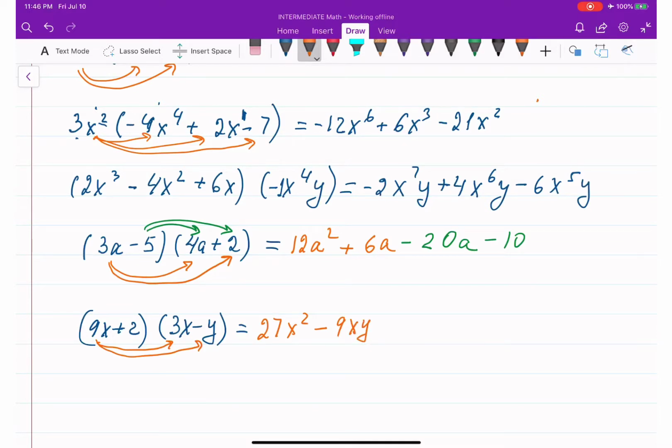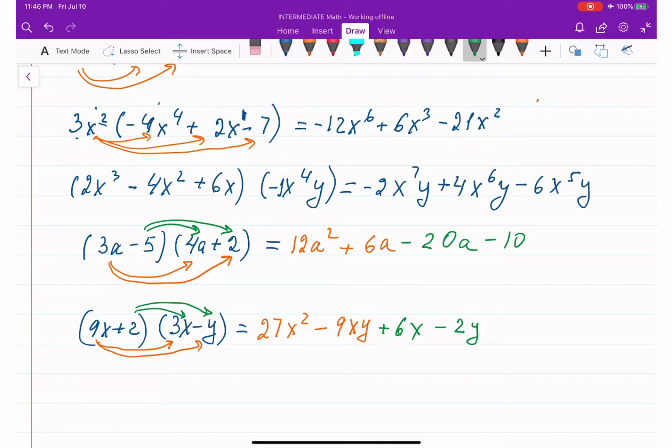Because you multiply x by y, so you put x and y, so that's all. Next, 2 times 3x, it's going to be plus 6x, and 2 times negative y, it's going to be minus 2y.